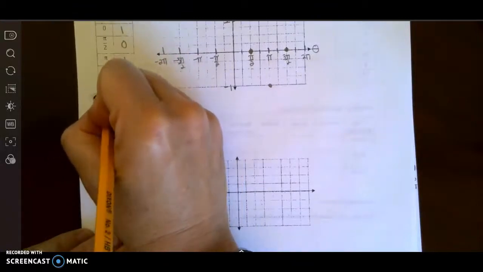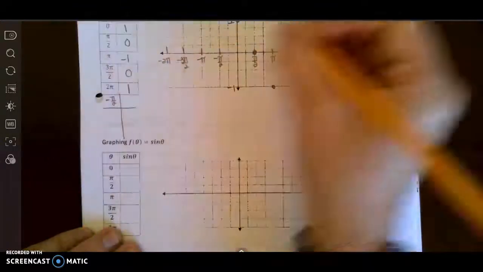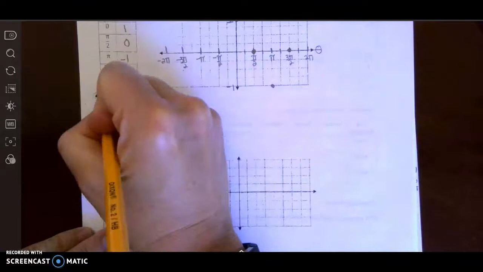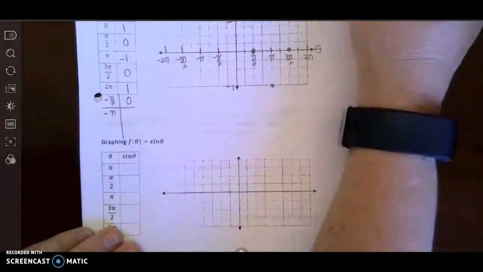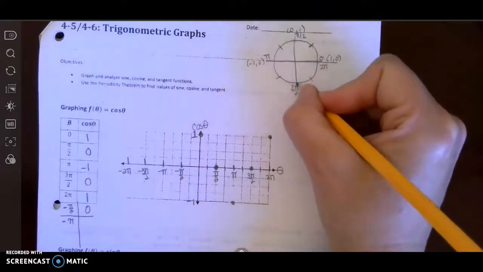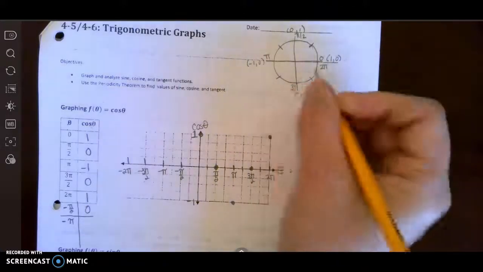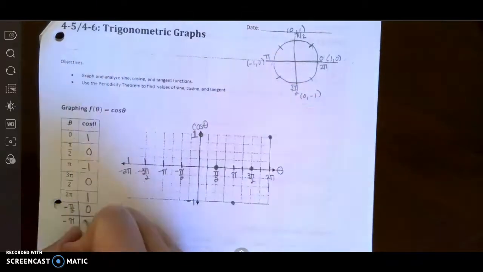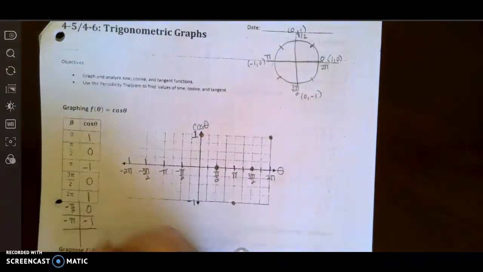At negative pi over 2, I go this direction. I'm at 3 pi over 2, and my cosine is 0. At negative pi, sorry, you can't see. Here at negative pi over 2, I was right here at 3 pi over 2. And at negative pi, I'm right where pi is. Again, that's at negative 1.